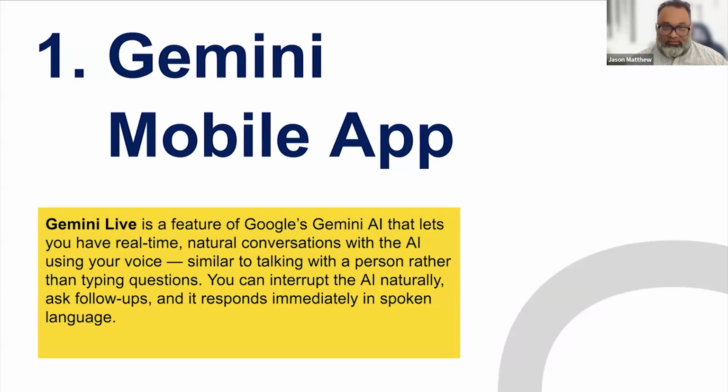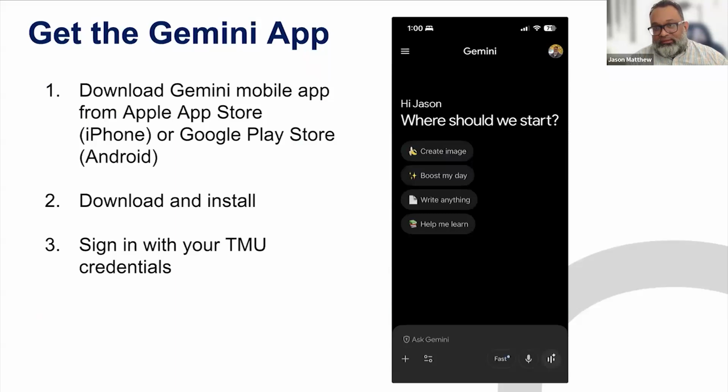So, for instance, this is how it looks on your phone. And if you don't have the Gemini app on your phone and you're curious about trying out the Gemini Live feature right now in this session, you can feel free to download it. It's available for both Android users as well as the iPhone. Just go to the relevant App Store, and you can download and install the app.